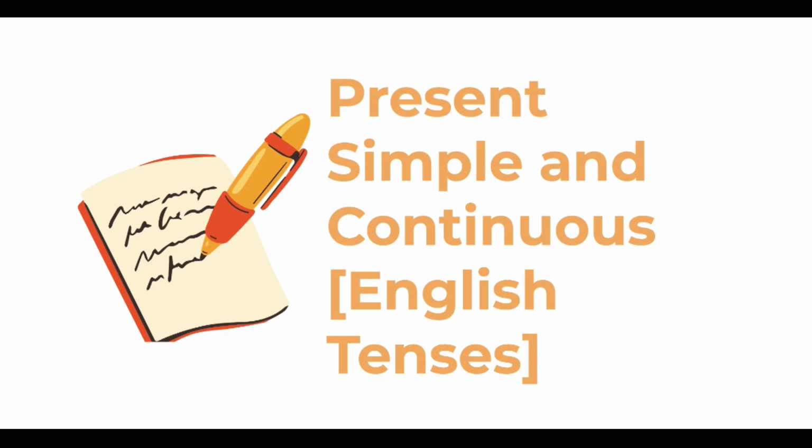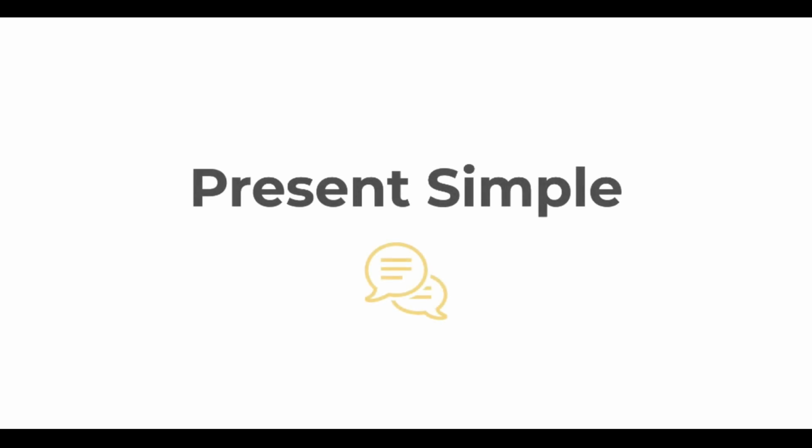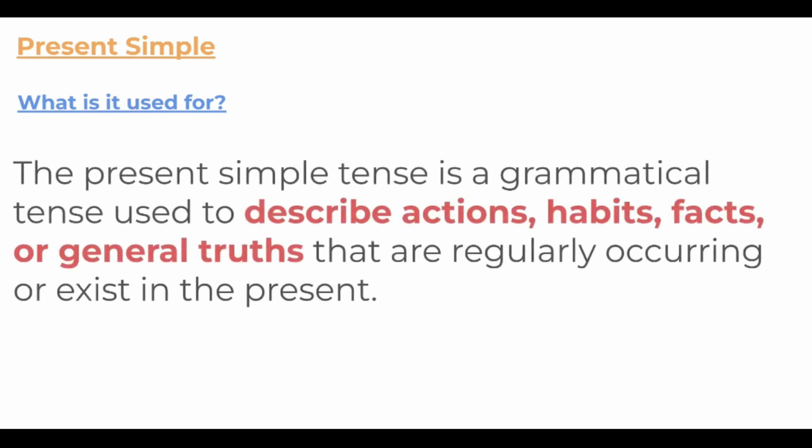So if that sounds good to you, then stick around for today, and we are going to start by looking at the present simple. So this is the present, which means now, if you like, and the simple tense. Okay, so what is the present simple used for? Let's think about this to start off with.